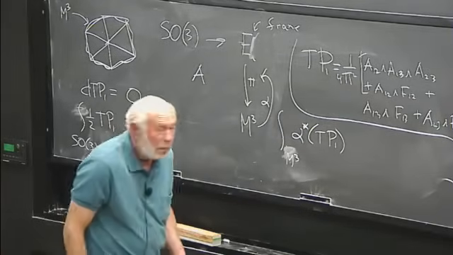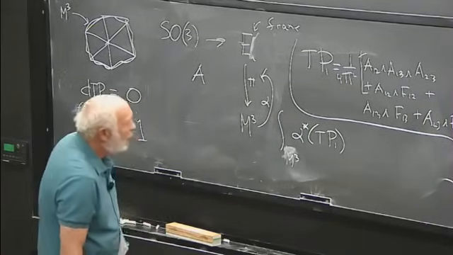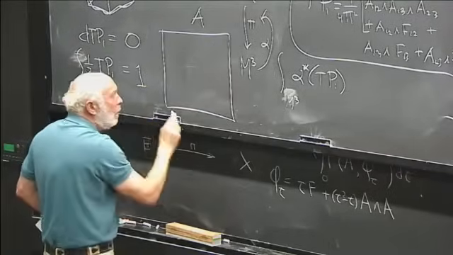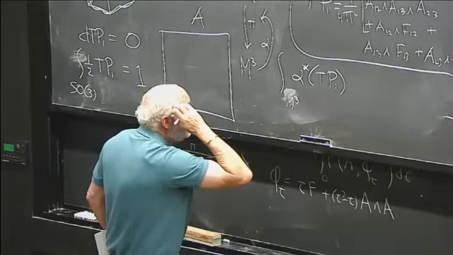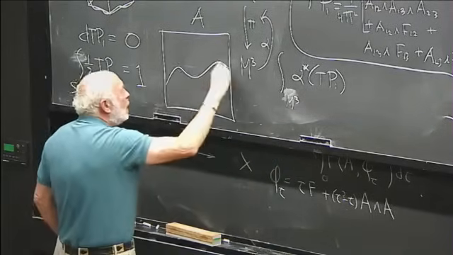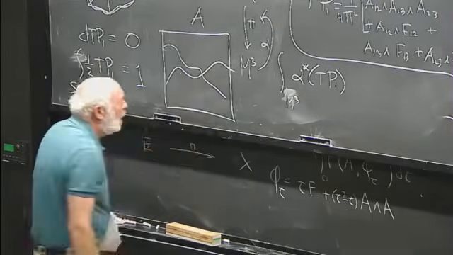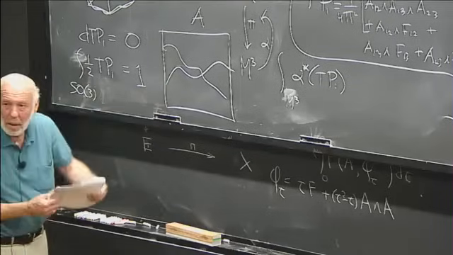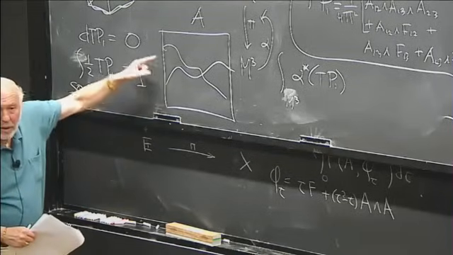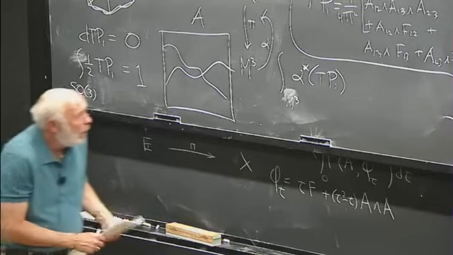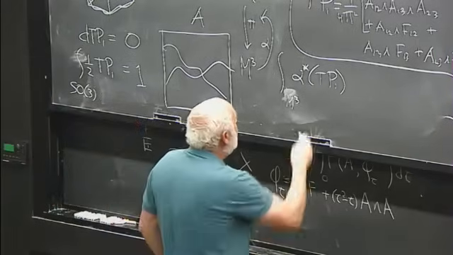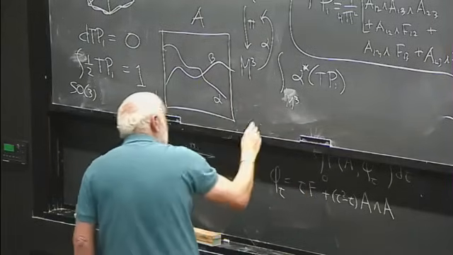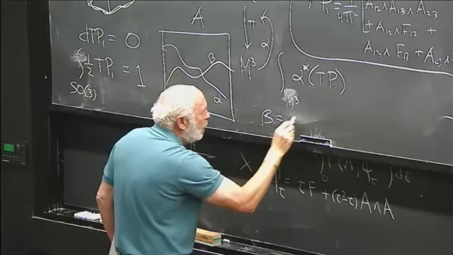Well, what would happen if I did a different cross-section? Remember, this is a closed form, so I'm just pulling this down. So here's one cross-section, and here's another cross-section. But they only differ homologically by a multiple of the fiber, which is SO3. So if this is alpha, and this is beta, then beta equals alpha plus some number times the fiber.